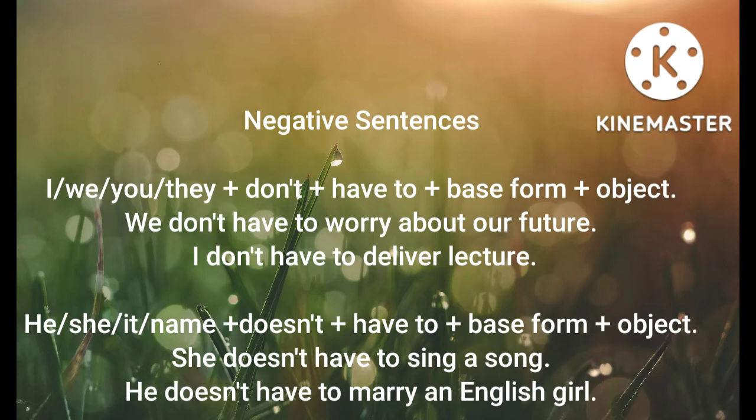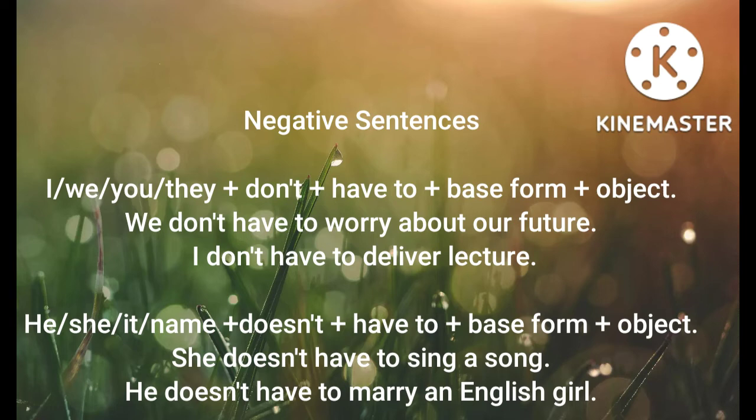As ESL learners, one question arises: most of the time we prefer to use has to with she, he, it, and a singular name. But here, since we have already used does not, there is no possibility of using has to again. So in negative sentences, we should not use has to after she, he, it, and a singular name, because does not is already present.